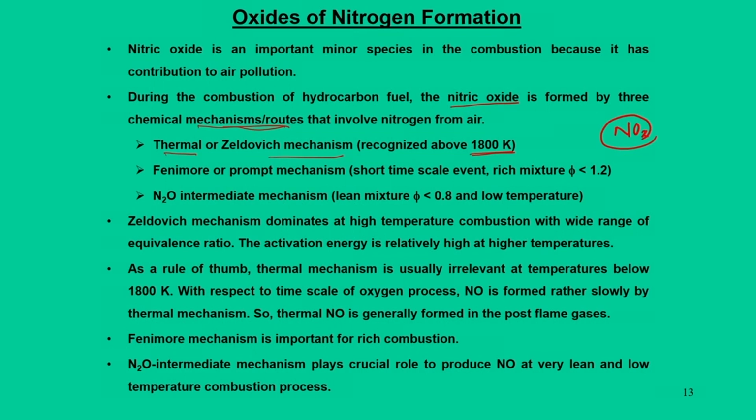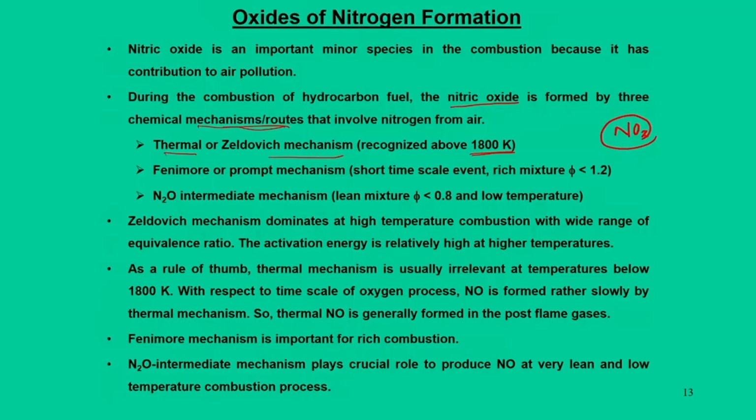But this thumb rule is also not true, because we have seen in our previous slides that in propane air mixture combustion, NO is formed throughout all the equivalence ratios. Even NO is seen at lower equivalence ratio, but still the temperature is not too high. So, for that the Zeldovich or thermal mechanism is not an answer.